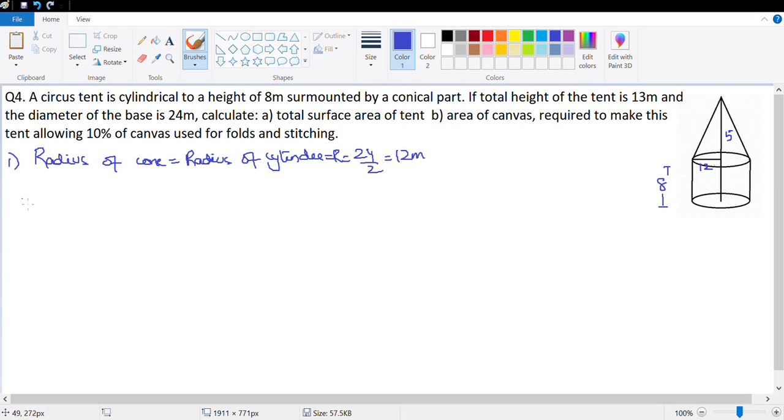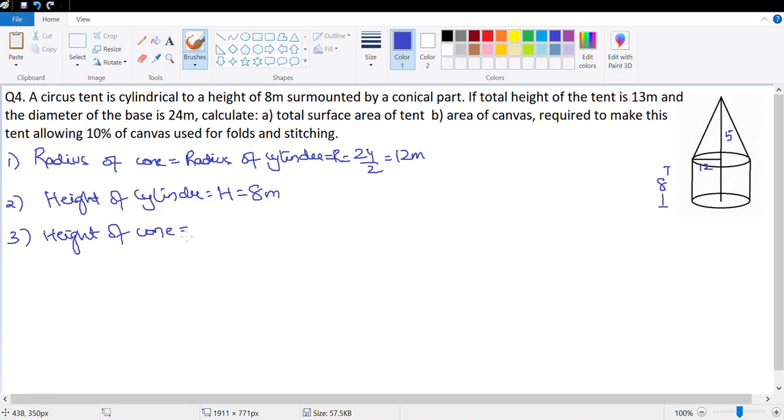Number 2, height of cylinder is equal to H is equal to 8 meter, which is given. Number 3, height of cone is equal to small h is equal to total height is given as 13, so 13 minus 8 is equal to 5 meter.